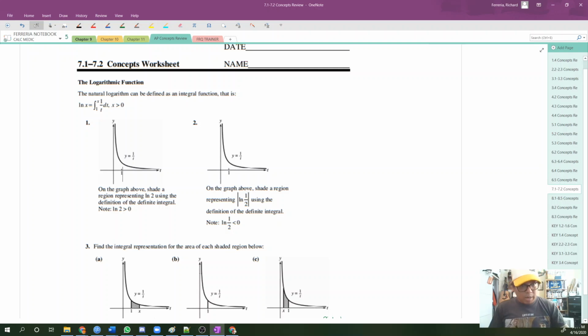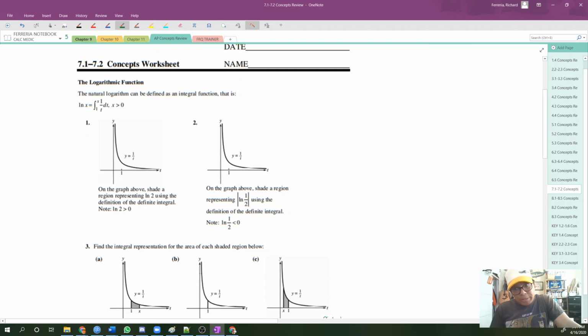So for number 1, we're saying on the graph above, shade a region representing the natural log of 2. Well, if the integral from 1 to x is equal to the natural log of x, then all we need to do is replace that upper limit with a 2.